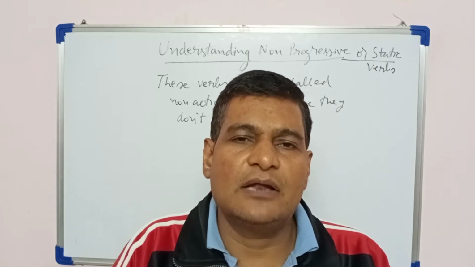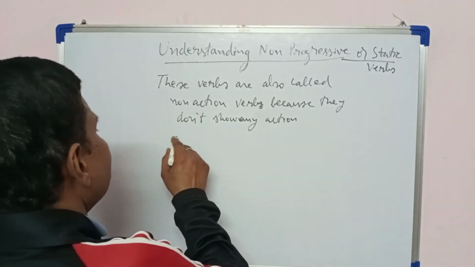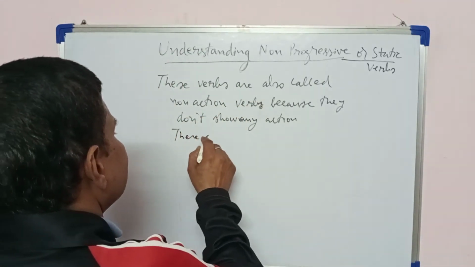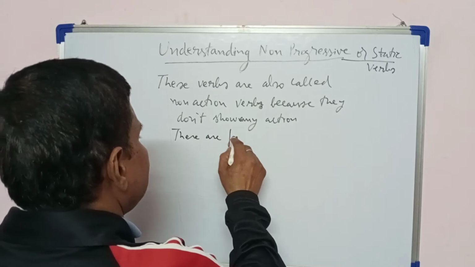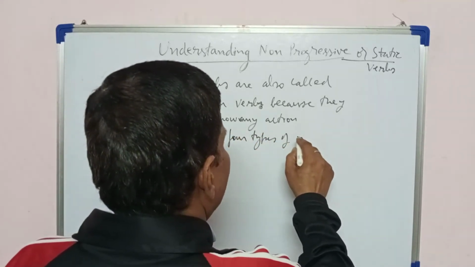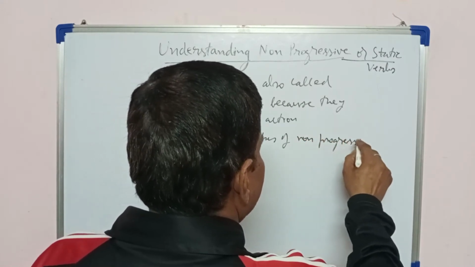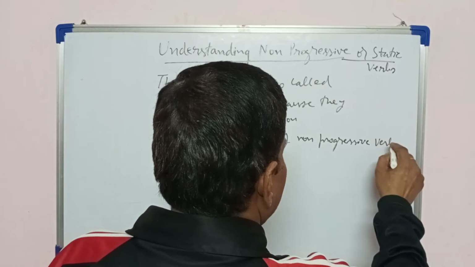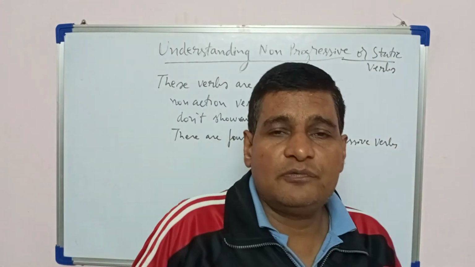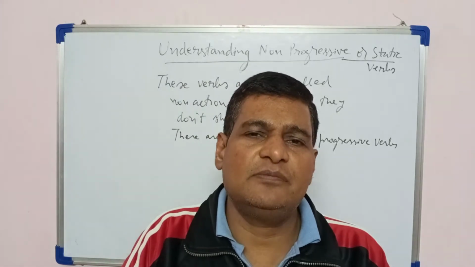So these verbs are also divided into 4 categories. There are 4 types of non-progressive verbs. Before we proceed further, let us understand what non-progressive verbs are.